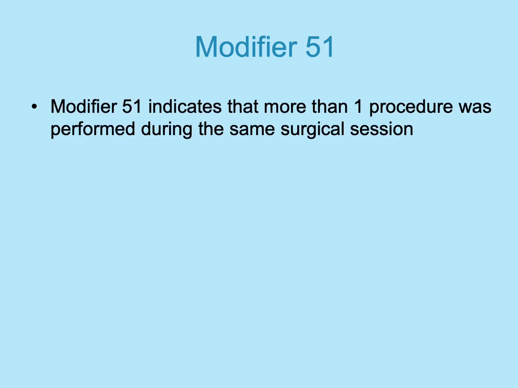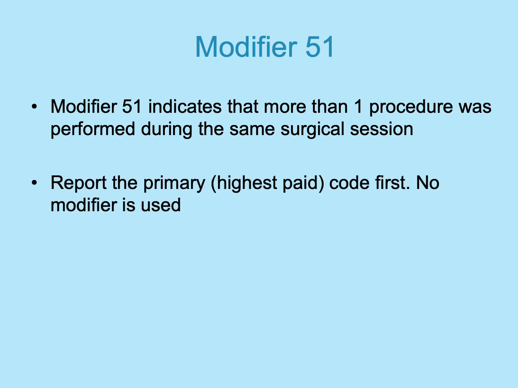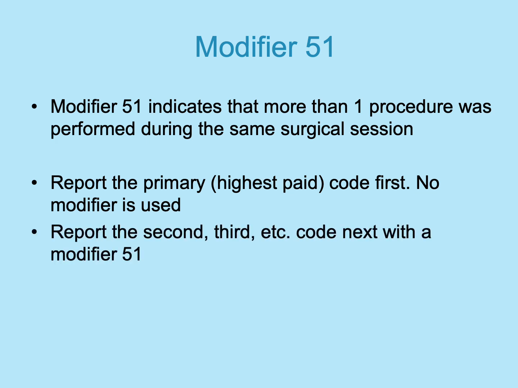Okay, modifier 51 indicates that more than one procedure was performed during the same surgical session. Report the primary, the highest paid code first without a modifier, and then report the second, third code next with the modifier 51. Why does that matter? Well, the primary highest paid code goes first because that one will be paid at the full amount. The second, third, fourth code will be paid at a reduced amount.